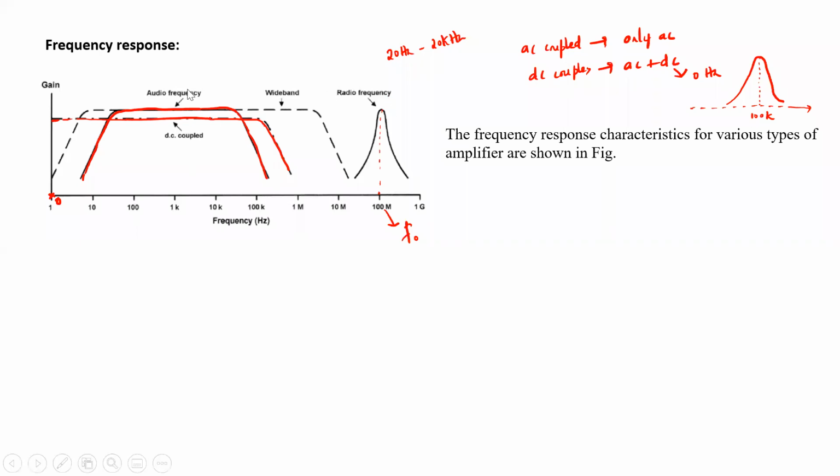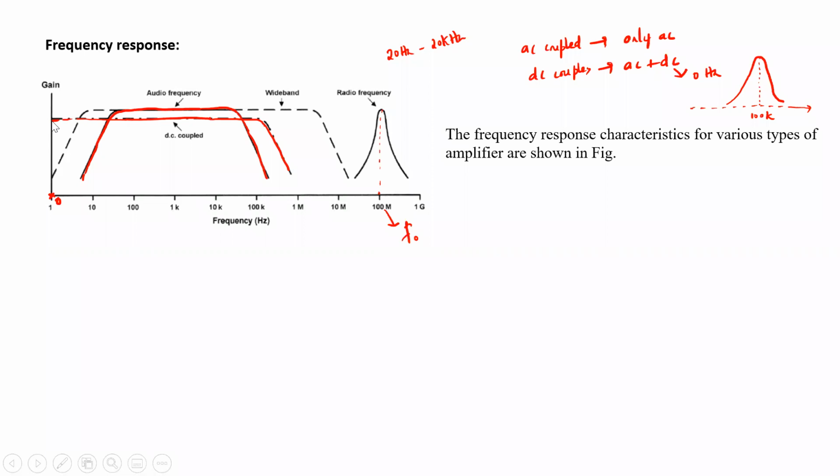All other amplifiers amplify a range of frequencies, whereas here it is amplifying just one particular frequency, not a range. All other amplifiers give the output for a range of frequencies.